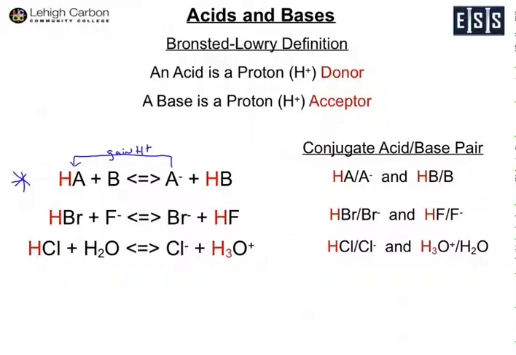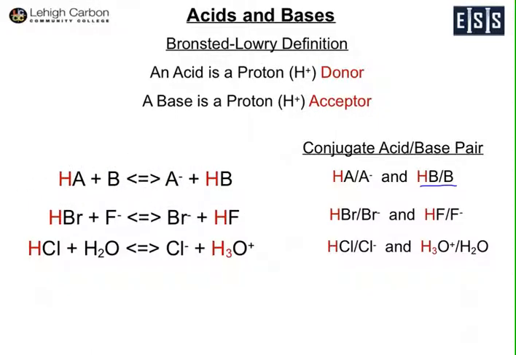This is called the conjugate base for this conjugate acid. Then you have the same thing between HB and B, the other acid-base pair on the right. So that's the generic way it's represented in your textbook.